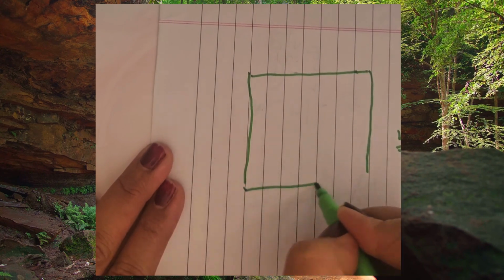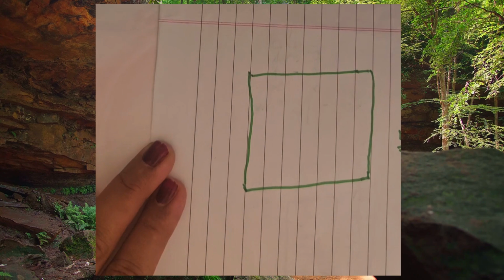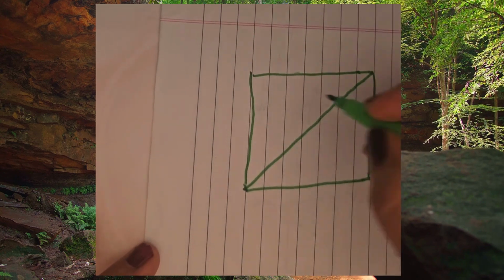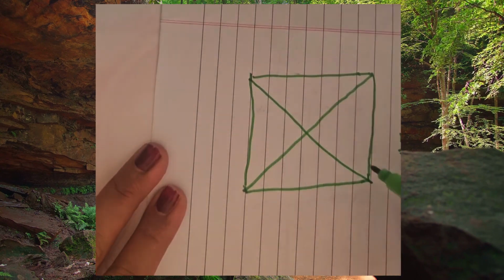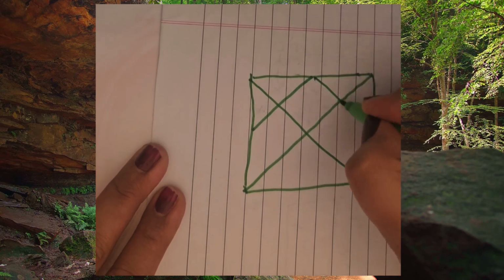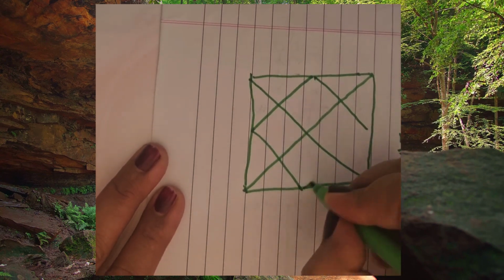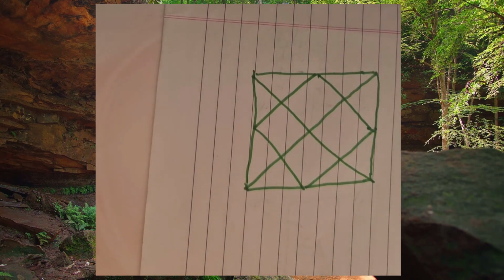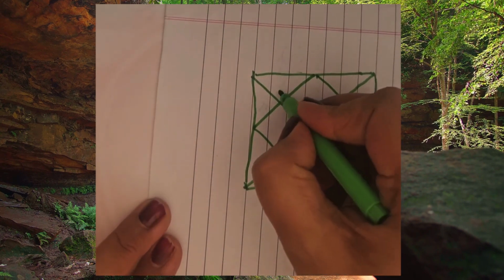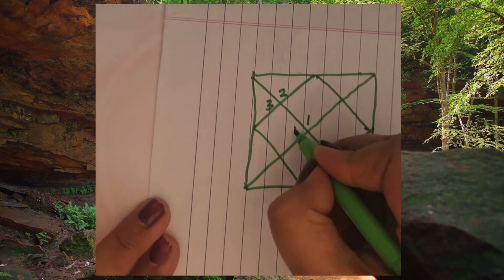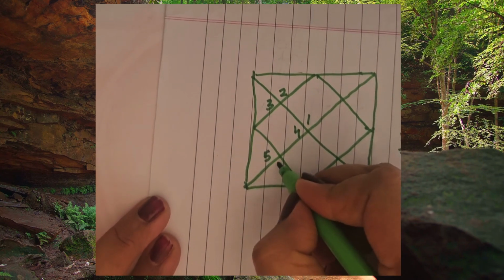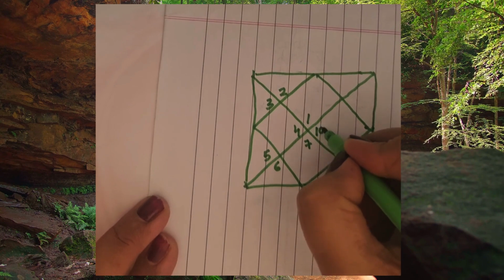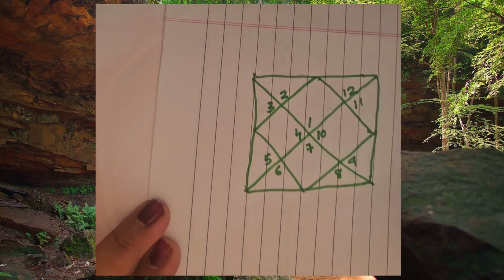The sphere that we were considering, we now consider in the form of a square, and we divide this square into 4 parts like this, and then one more set of 4 lines like this. So totally it gets divided into 12 parts: 1, 2, 3, 4, 5, 6, 7, 8, 9, 10, 11 and 12.